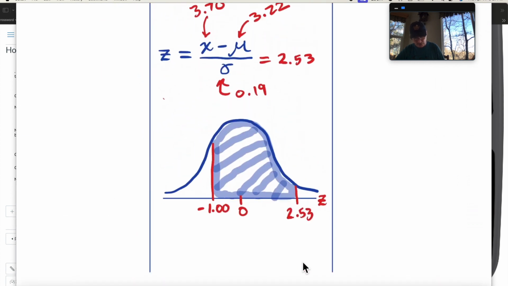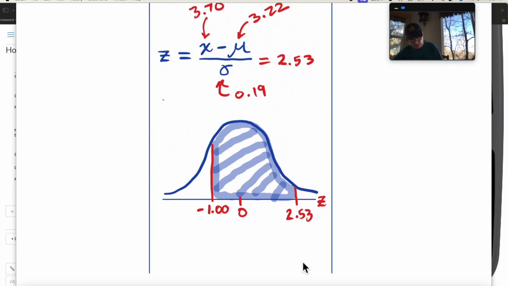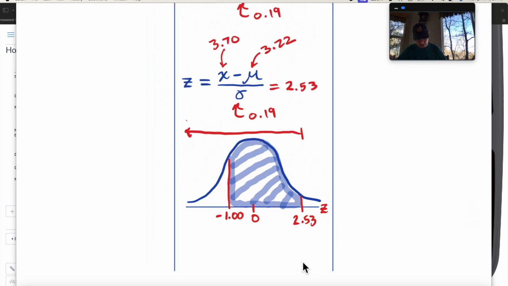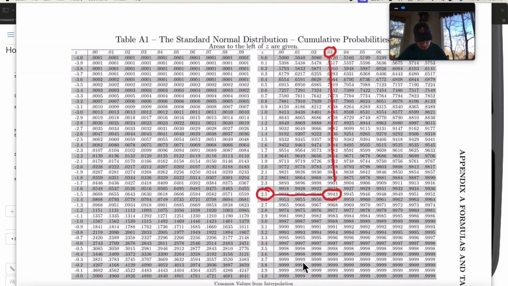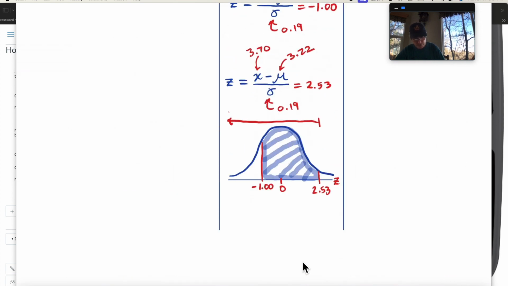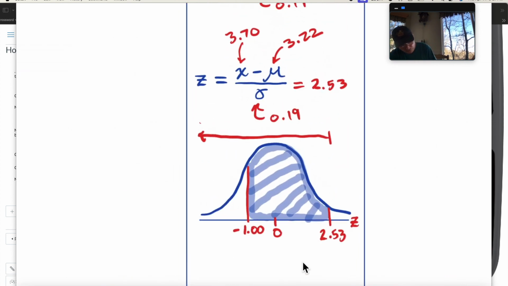So let's just kind of indicate everything from -2.53 all the way back. That total area was what? 0.9943. Okay, so I'm going to just put a little 0.9943 to remind me of that. And maybe I'll move this other formula out of my way a little bit.